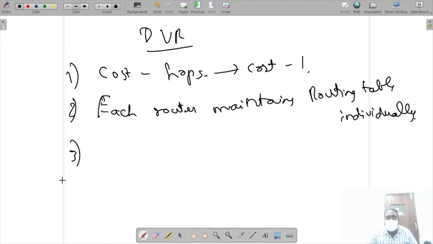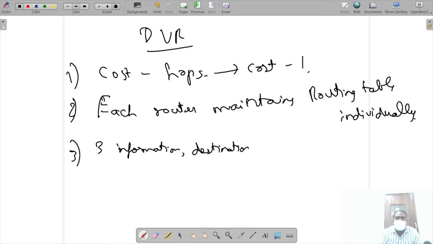The next thing is each router keeps 3 pieces of information: destination, cost, and next hop.